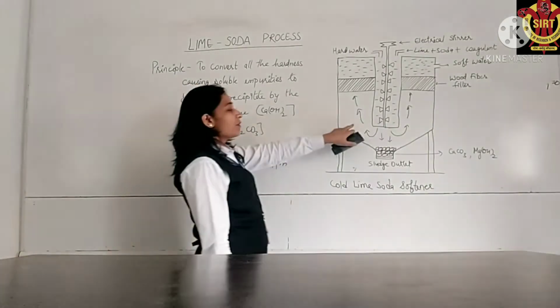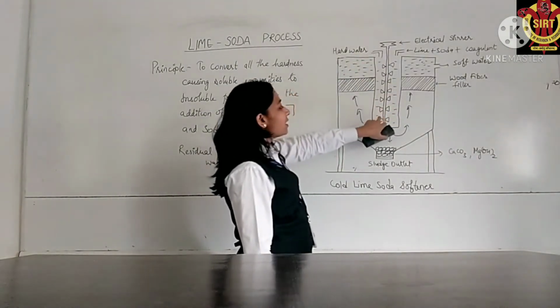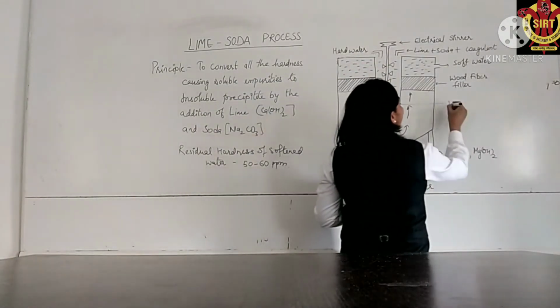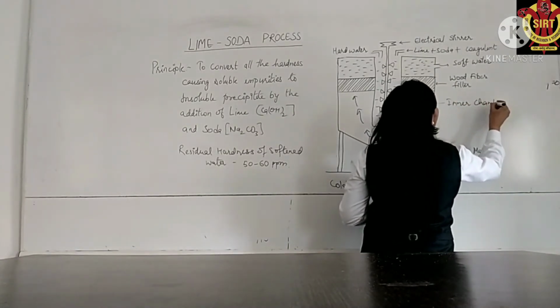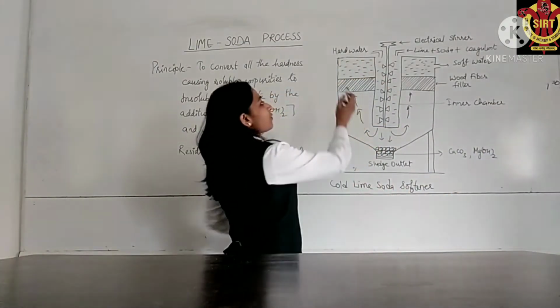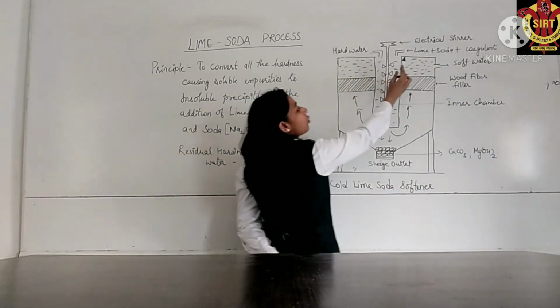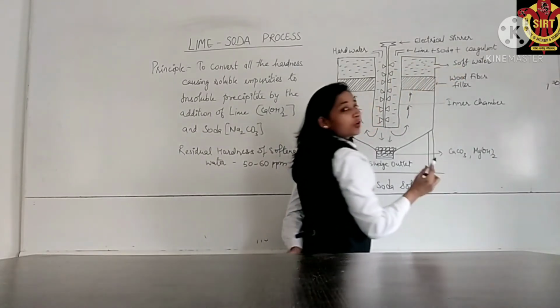In this diagram, we have an inner chamber having two openings. That inner chamber is the reaction chamber. In this inner chamber, there are two openings. One is for hard water and the other opening is for the addition of lime, soda and coagulant.